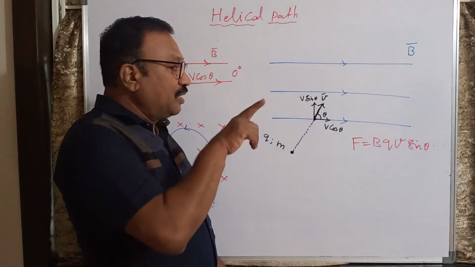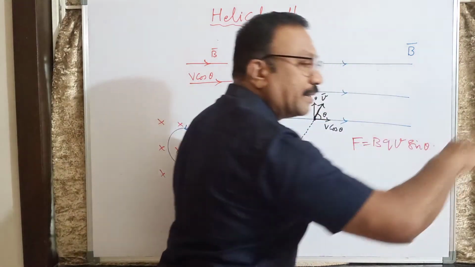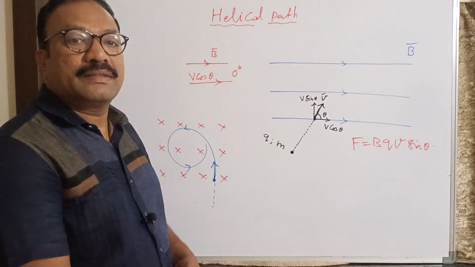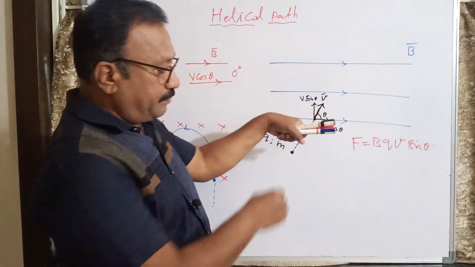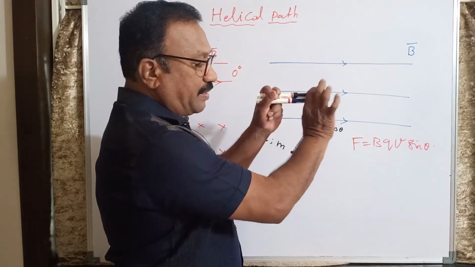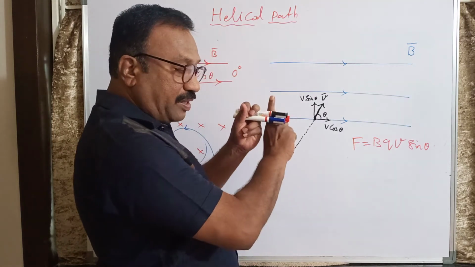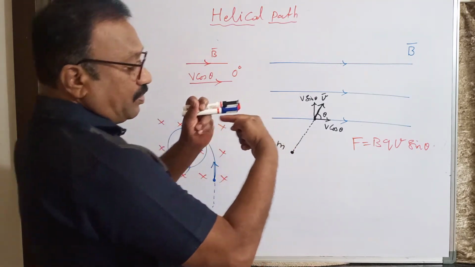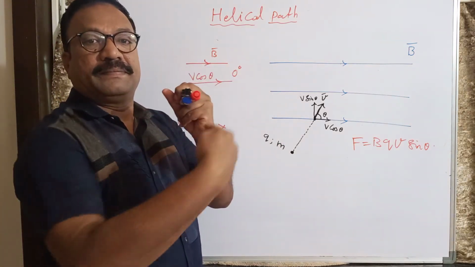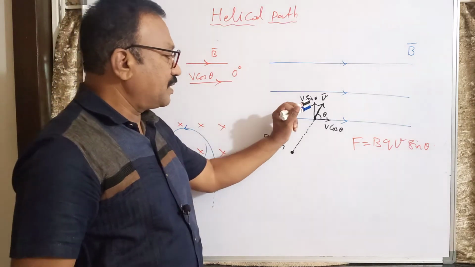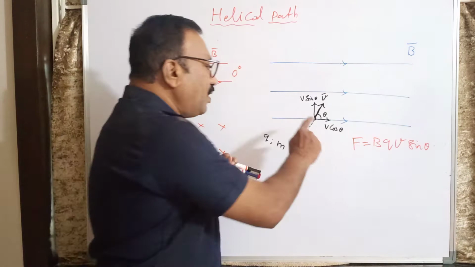So how is it possible? It will take a circular motion and as well as move forward. That is known as helical path. For example, if this is a magnetic field, the particle's V sin theta is now perpendicular to the field. Therefore, it will cause a circular motion like this around the magnetic field. What about V cos theta?